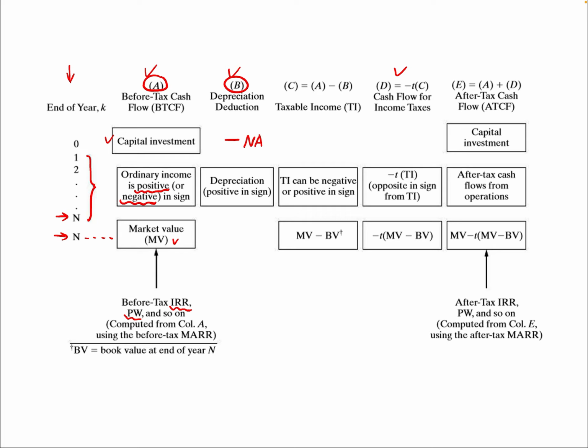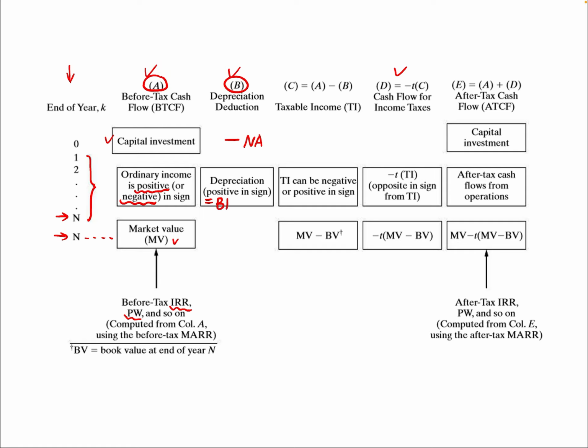And from year 1 to year N, you're going to have depreciation in every year, okay? The depreciation depends on what kind of property you have, what class it is, what the recovery rate is, and what the book value is.